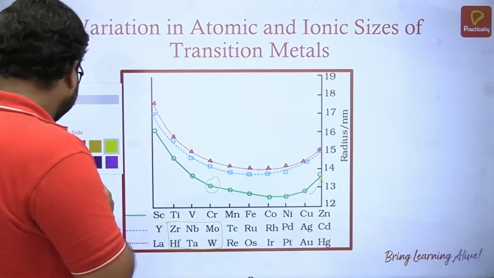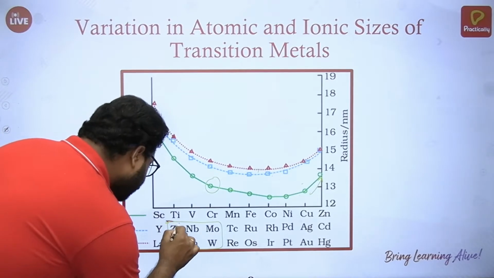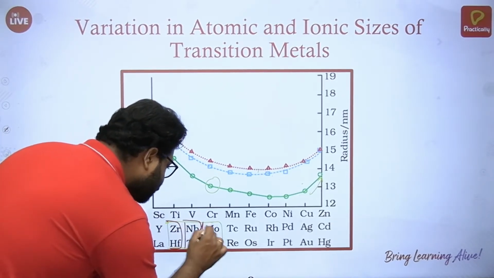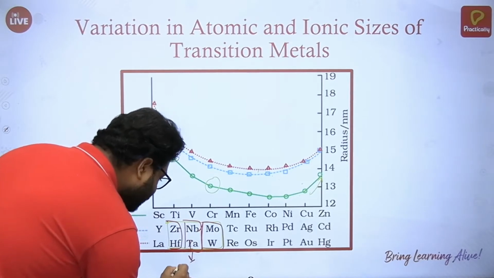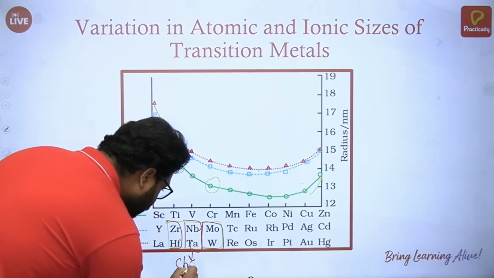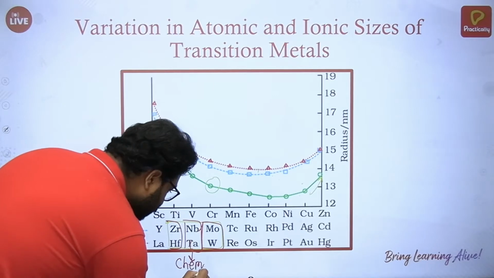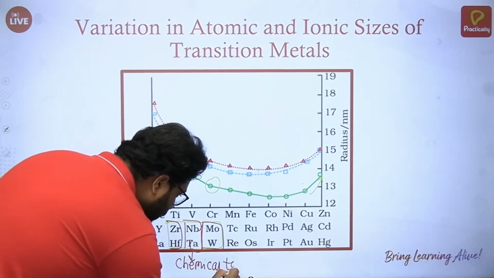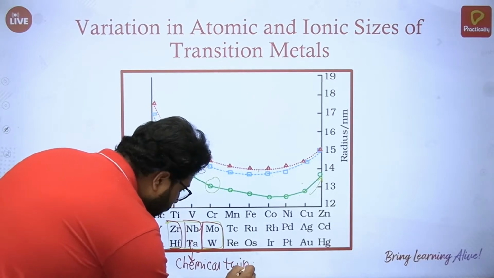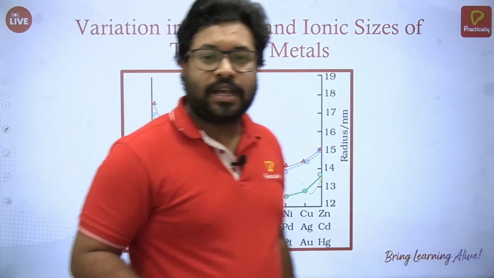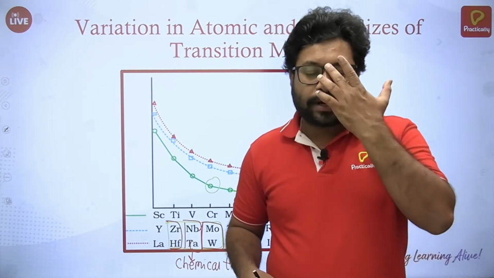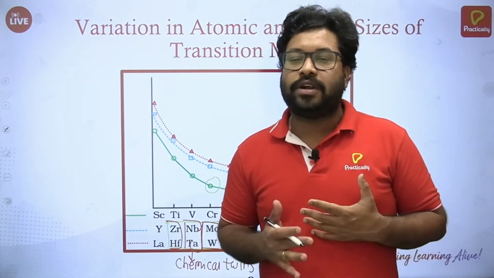Okay. Yeah. See, zirconium, hafnium, niobium, tantalum, molybdenum, tungsten. You know what we call these elements? Chemical twins. We call them chemical twins. Why do we call them chemical twins? Because they have almost the same size. Size of only 1 picometer is the difference, or sometimes not even that much.